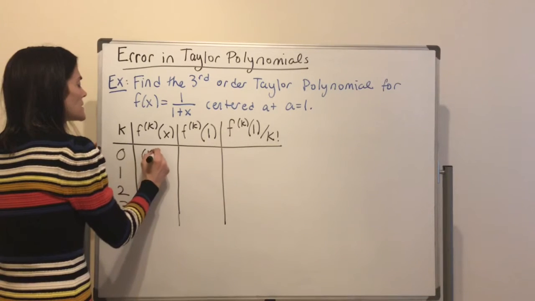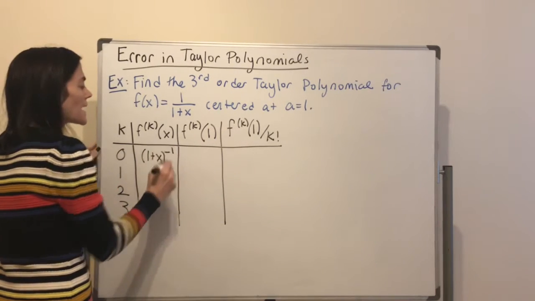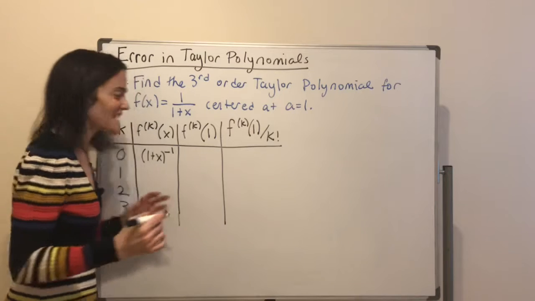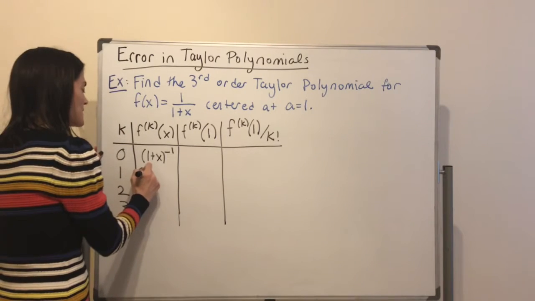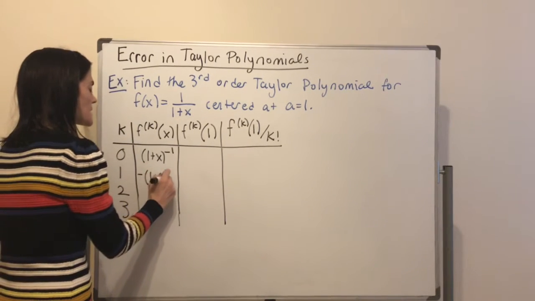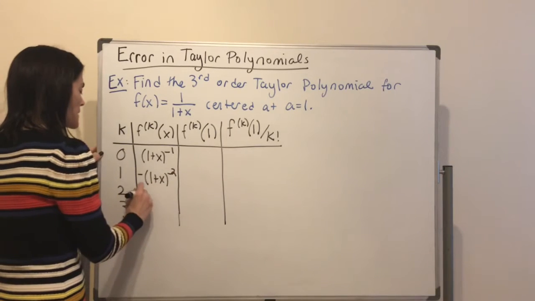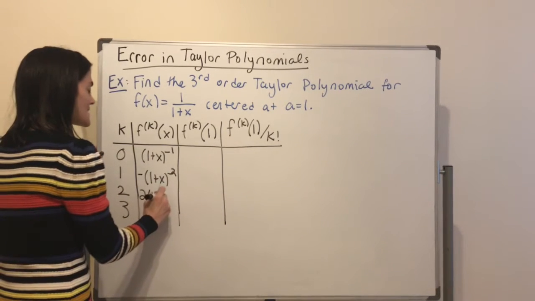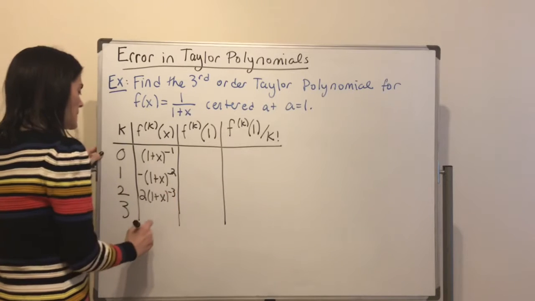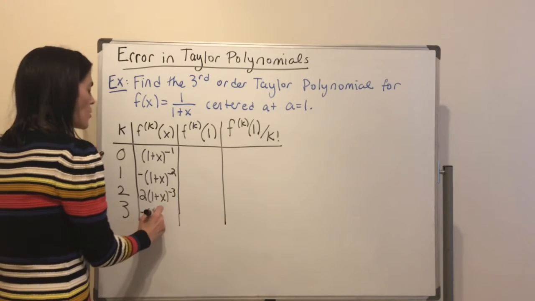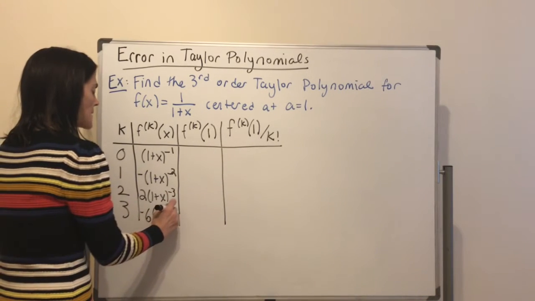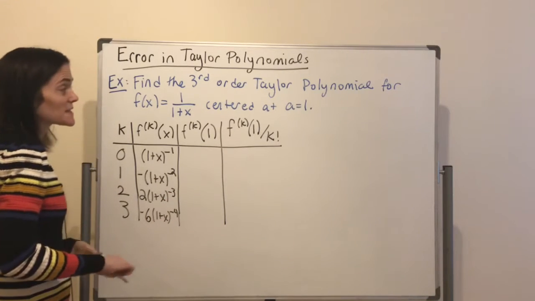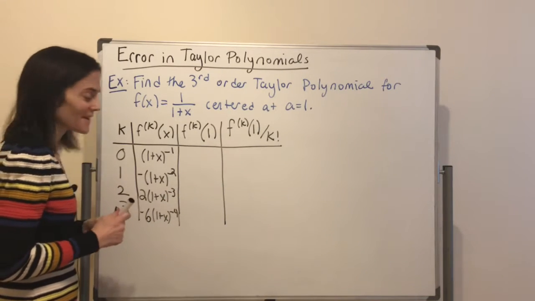Maybe I'll write it this way, (1 plus x) to the minus 1, because I'm going to start differentiating. So the first derivative is minus (1 plus x) to the minus 2. I get a 2 (1 plus x) to the minus 3. I have negative 6 (1 plus x) to the minus 4. Okay, and that's as far as I need for third order.